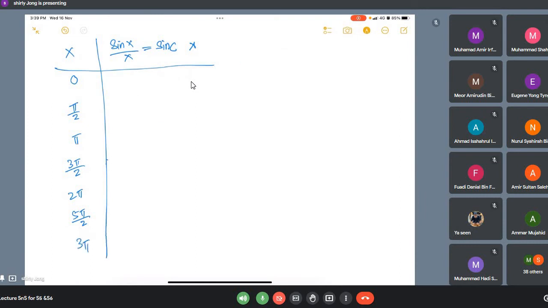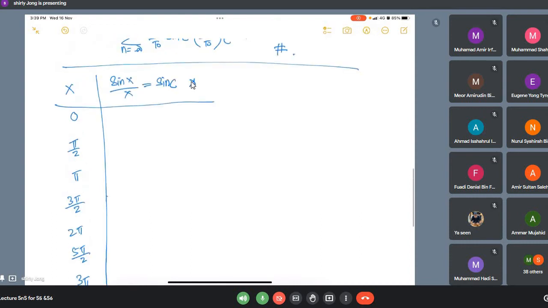So what will be the value? How can you calculate? For example, x is 0, you substitute sin 0 divided by 0, and then you get value 1. Although you said that sin 0 divided by 0 cannot, with L'Hopital's rule you can.